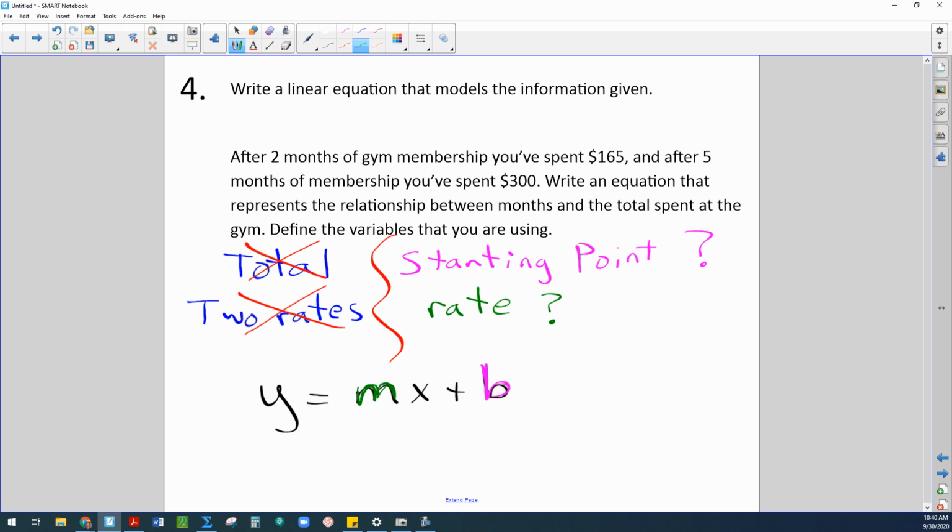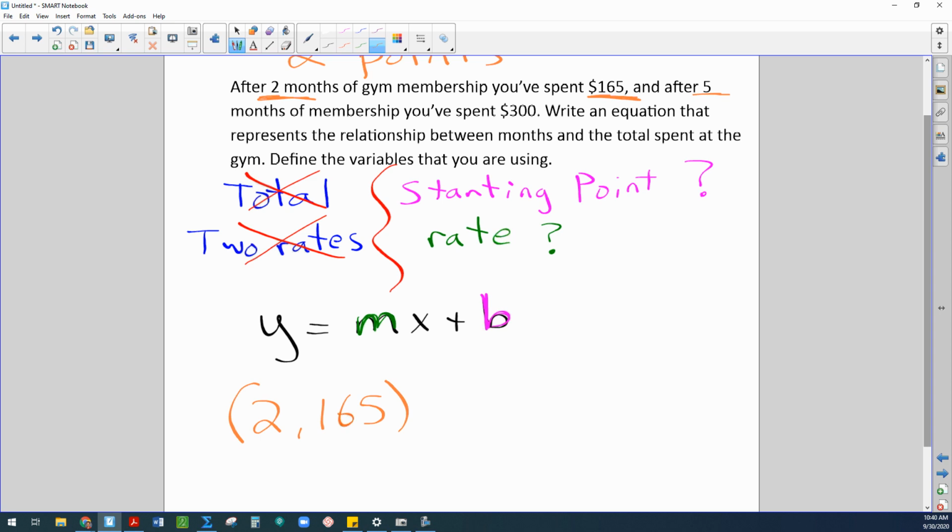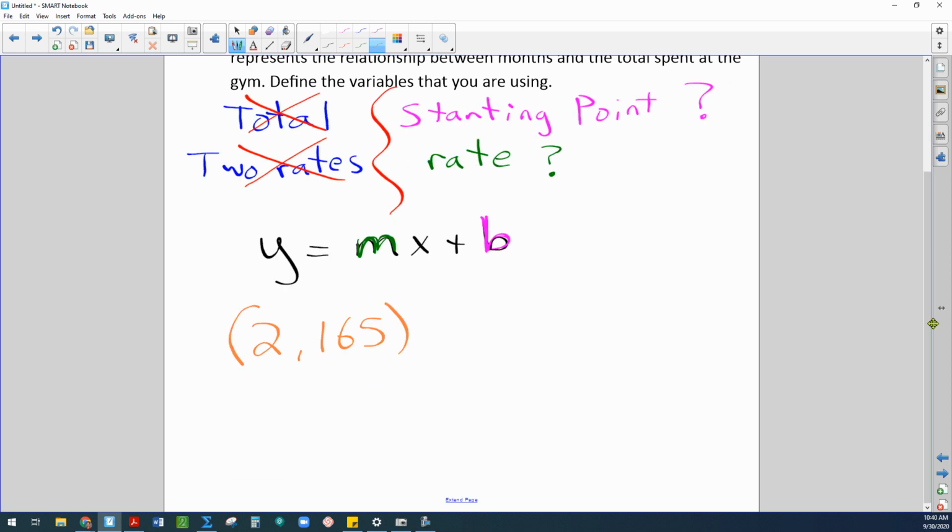Now, what did they actually give me then? They gave me two pieces of information that I can arrange into the shape of 2 points. So for 2 months, it cost $165. For 5 months, I spent $300. When I want to find a rate, we have a formula.